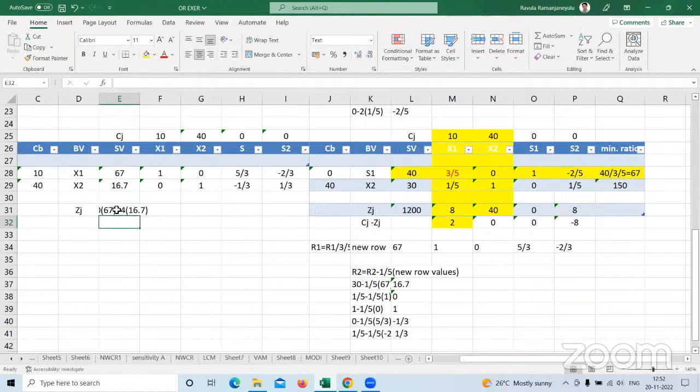So how much are you getting? 670 plus how much will you be getting? It is 16.6 only, or 16.7.